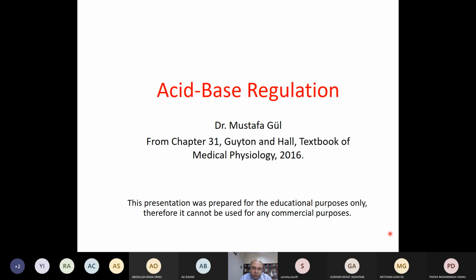You have to be aware of acidosis or alkalosis, especially in children. Again, in children, let's say diarrhea is a very important problem. If there is diarrhea, what happens to acid-base balance? First, the child is losing so much fluid by diarrhea, so you have to replace the fluid.